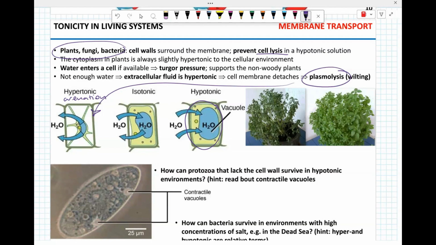That constant small influx of water into the cell allows the plant, fungal, and bacterial cells to maintain turgor pressure. This turgor pressure is so important that it is one of the key structural mechanisms to support non-woody plants, such as grass, for example, upright.